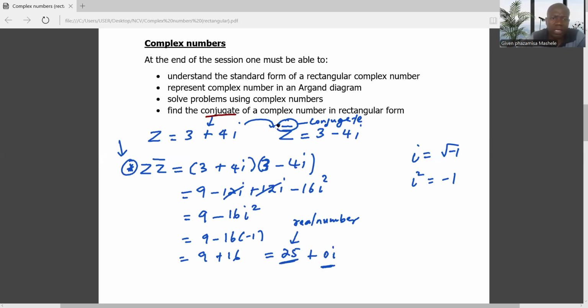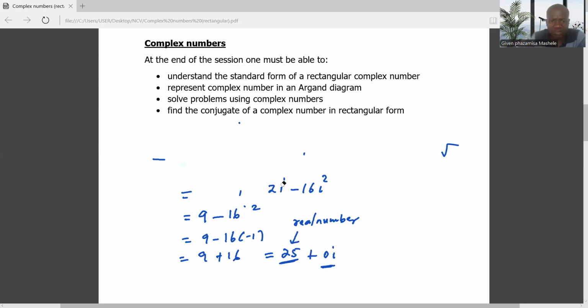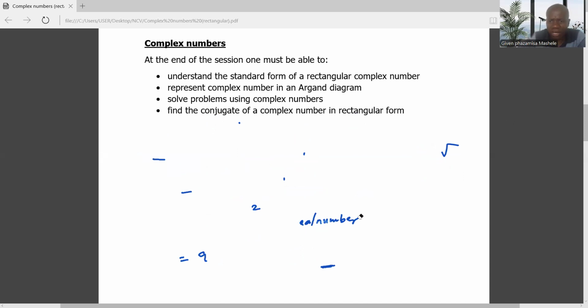So now, since you are able to understand how to determine the conjugate of a complex number, I want us to talk about the division of complex numbers, because now you are following. Let's say we have the following. We are told that we need to divide two complex numbers.